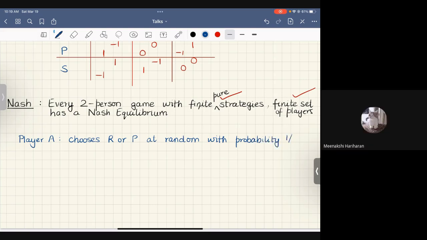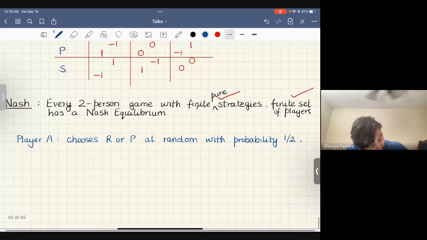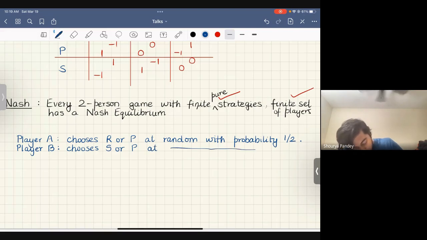Wait, what is a pure strategy? Yes, let me tell you, but let's focus on this strategy first, and then I'll tell you what a pure strategy is. And player B chooses S or P at random with probability half.